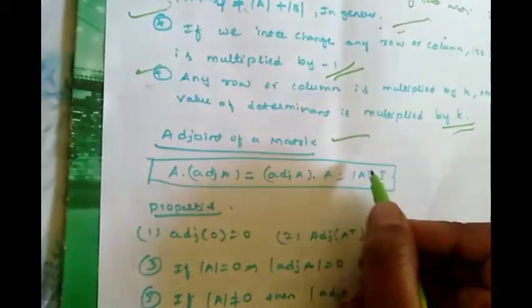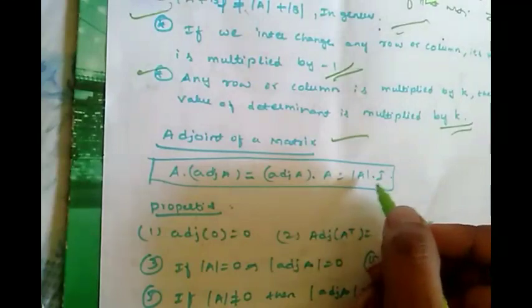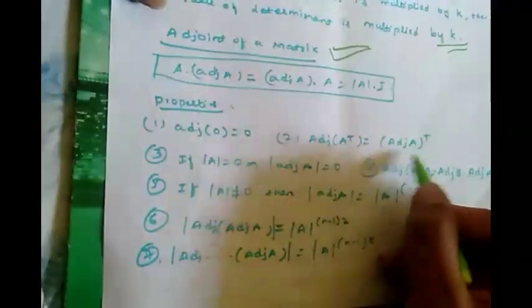And the adjoint of a matrix: A into adjoint of A is equal to adjoint of A into A, which is equal to determinant of A into I. I have already uploaded one video on tricks for adjoint of A and inverse of a matrix. Please watch that video to get an idea about the adjoint of a matrix. Some properties of adjoint: adjoint of 0 is equal to 0, adjoint of A transpose is equal to (adjoint of A) whole transpose, and if determinant of A is equal to 0, then determinant of adjoint of A is equal to 0.